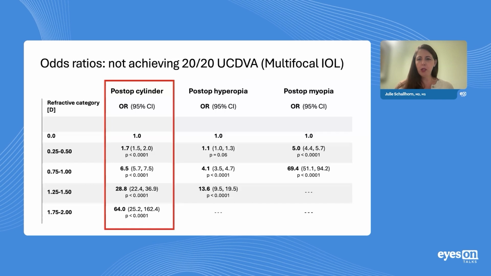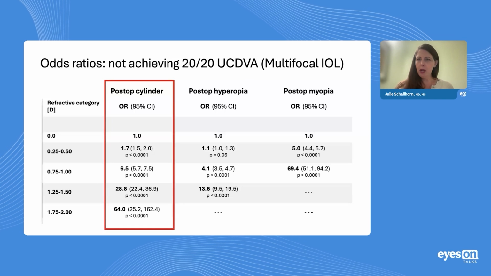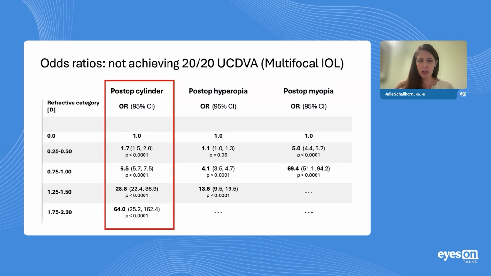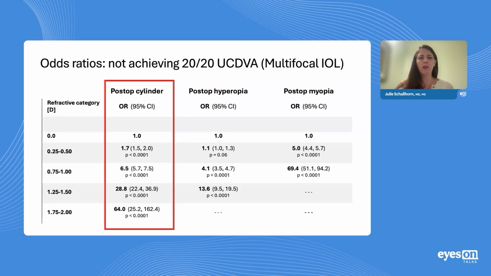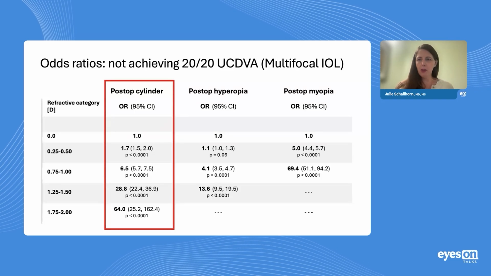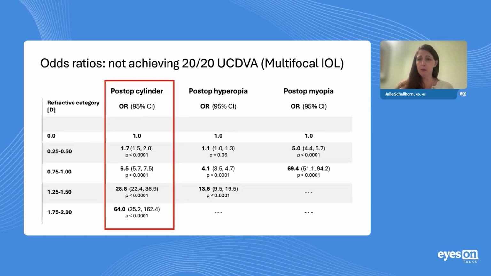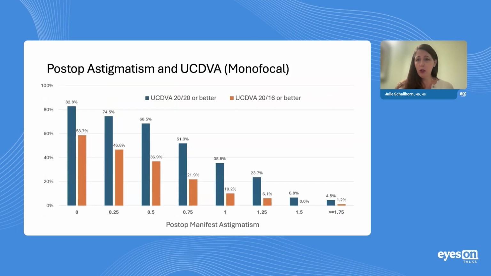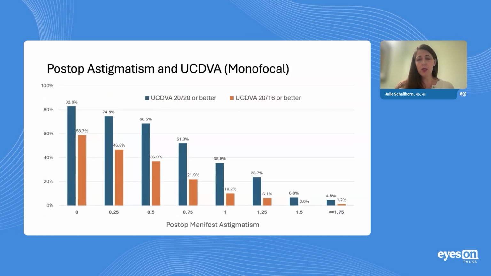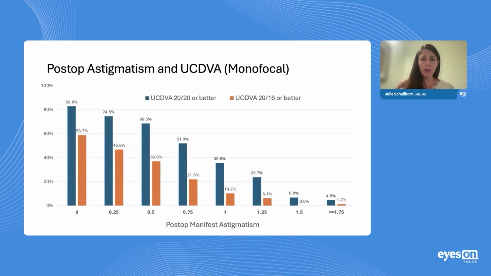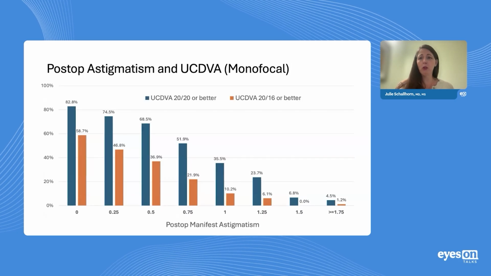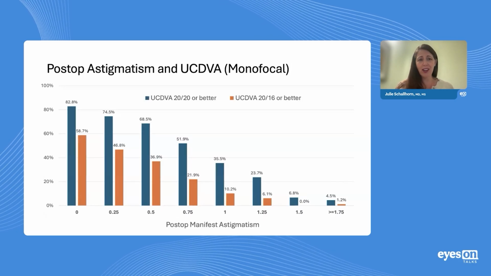Postoperative hyperopia and postoperative myopia also have a big impact on getting to 20/20 or not, but astigmatism, even at that 1/4 to 1/2 diopter level, has a pretty substantial impact. Now, when we look at monofocal lenses, we think that a monofocal lens is probably more tolerant to astigmatism. Maybe we're a little bit less likely to correct for that.